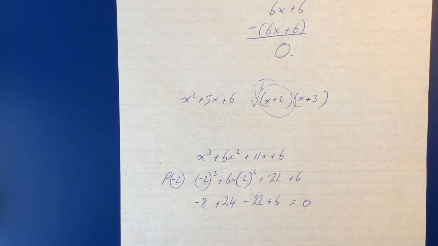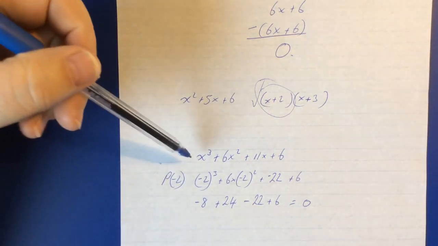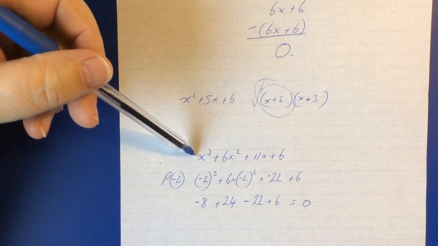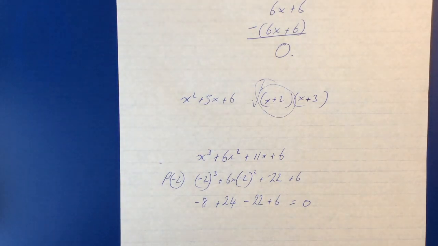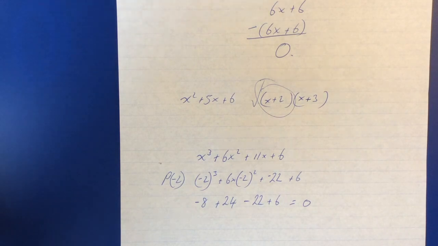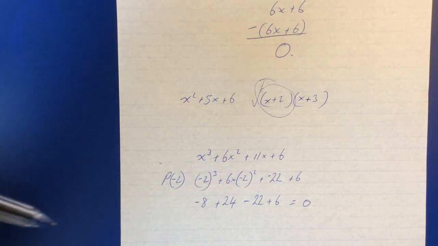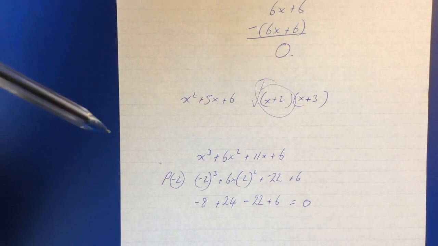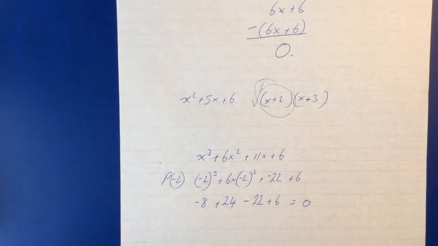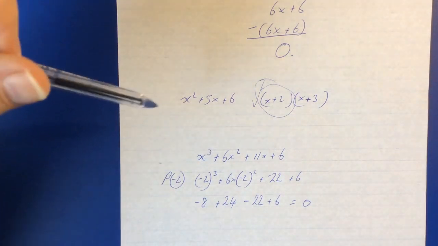Now, on a good day, you might get a cubic that looks like this, and you might just try putting 1 into it, negative 1 into it. You might get lucky with, say, negative 1 as we did here. It wasn't all luck. I actually created this so that it would work.